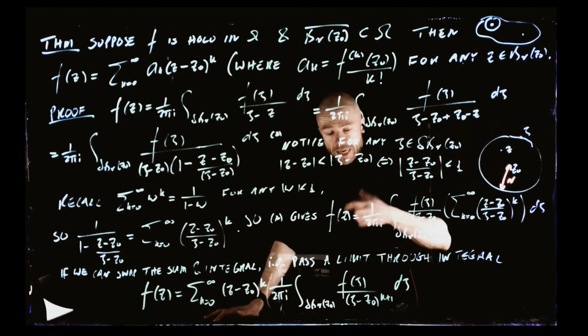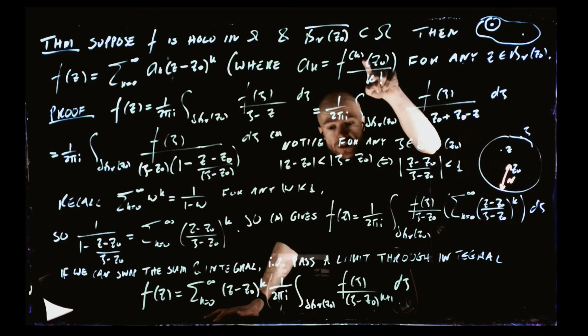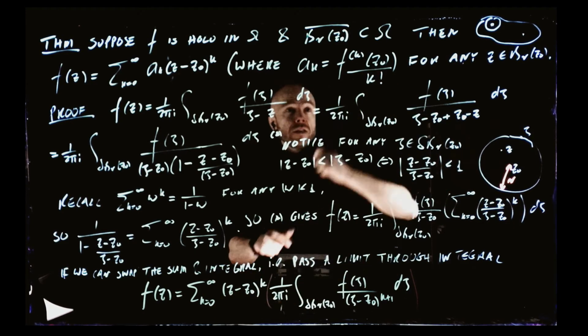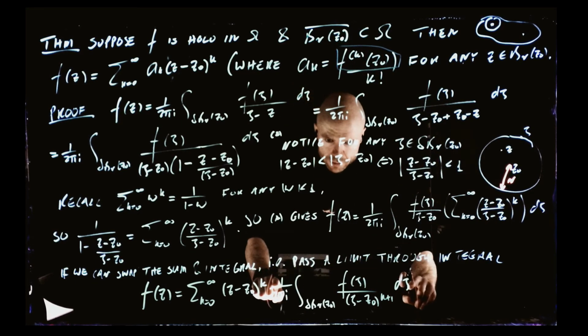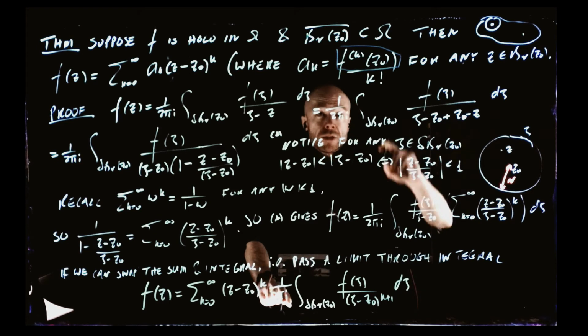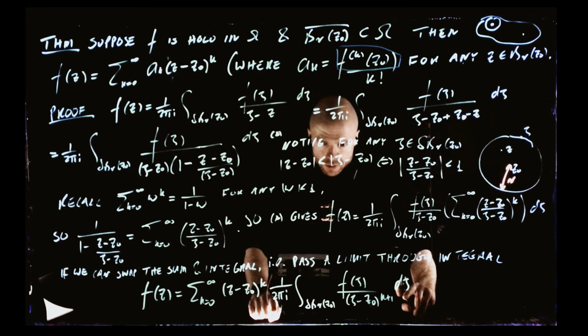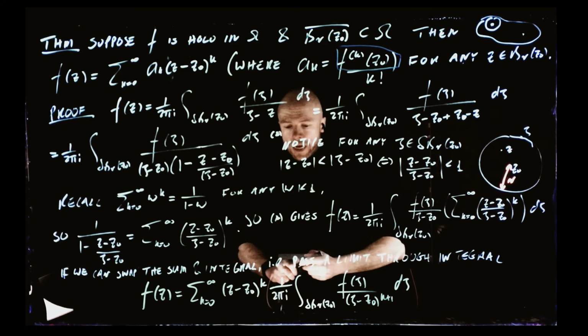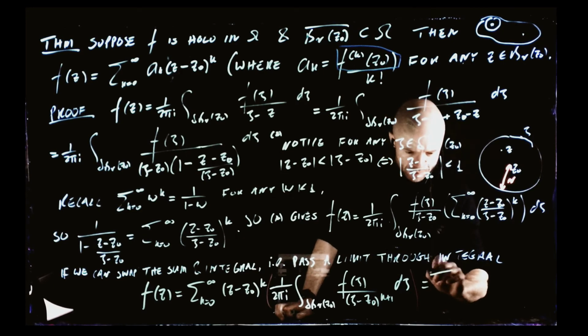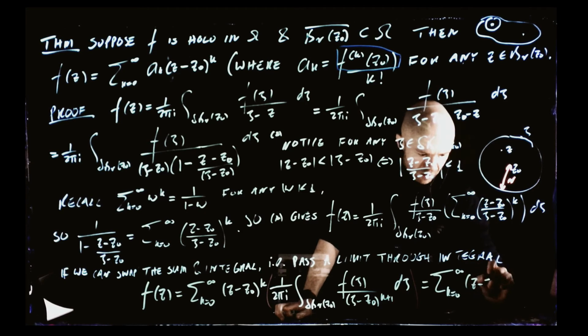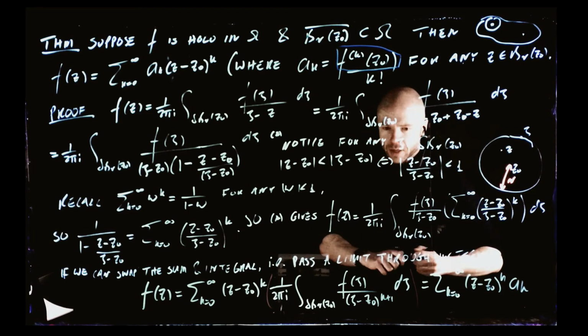By application of the Cauchy integral formula for derivatives, this thing, which I put in blue, the kth derivative, is just k factorial times this expression. So this thing over k factorial is exactly this thing. That means we have exactly the theorem that we want. So this is the sum from k equals 0 to infinity of z minus z0 to the k, a_k, exactly the result that we want.